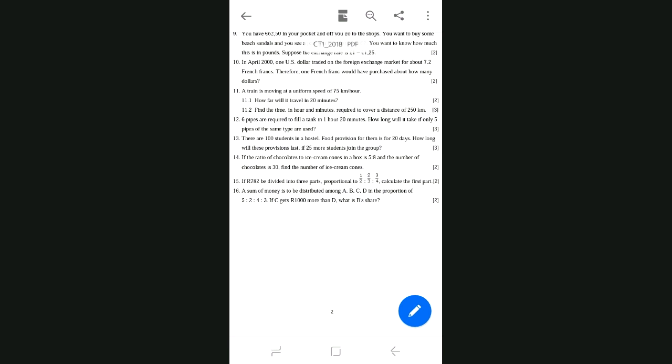So we know that speed is distance over time. But remember that the speed is kilometers per hour.